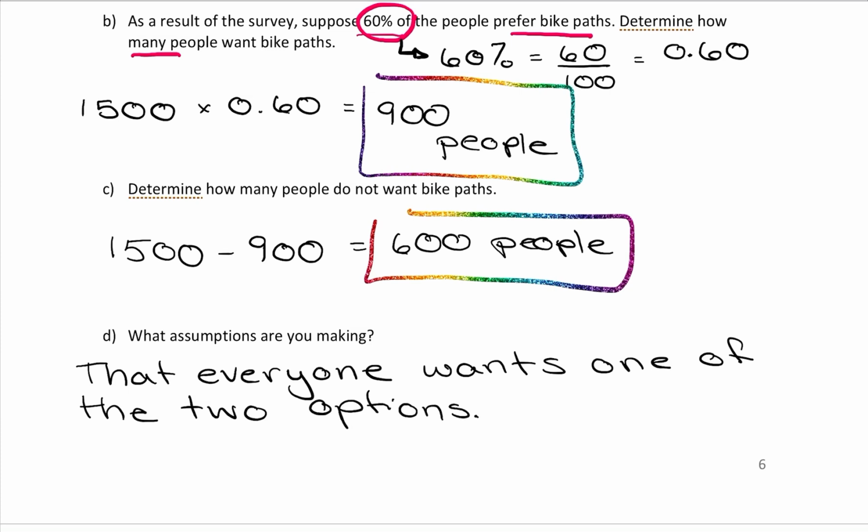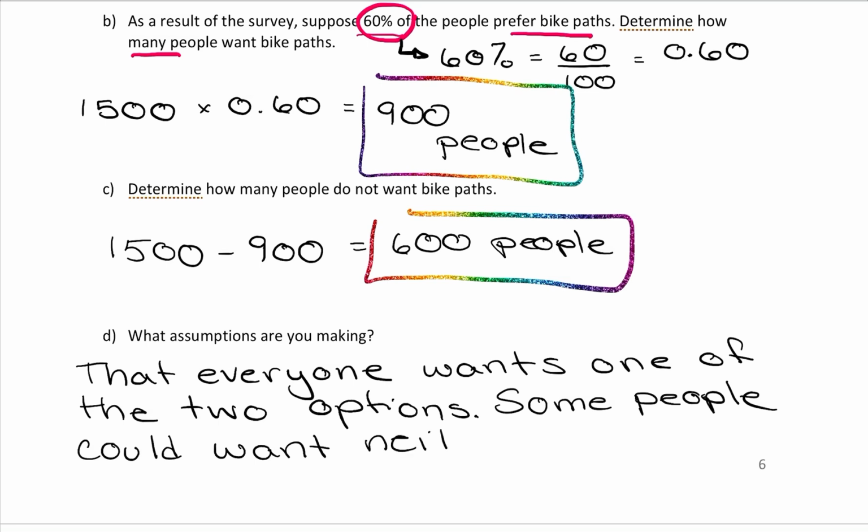That everyone wants one of the two options. Some people could want neither. And some might want both, but that wasn't an option to answer for both.